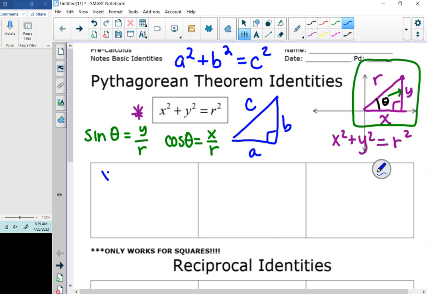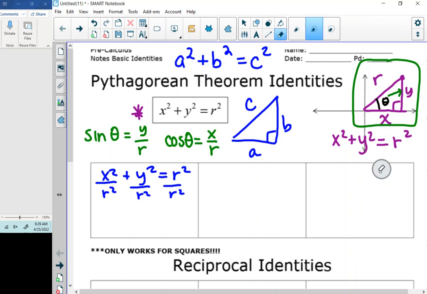If I take this relationship and I divide everybody by r squared, which is legal to do. If you have an equation that's true, and we want to look at it a little differently, we can do something to it as long as we do something mathematically legal and we do it to both sides.